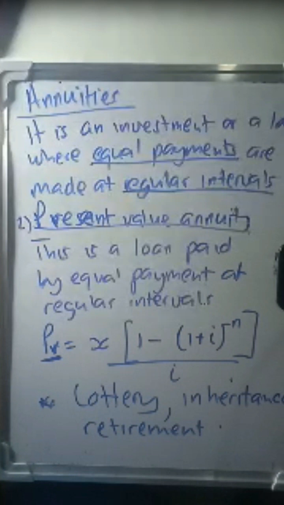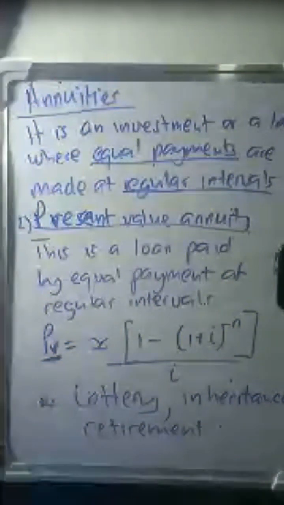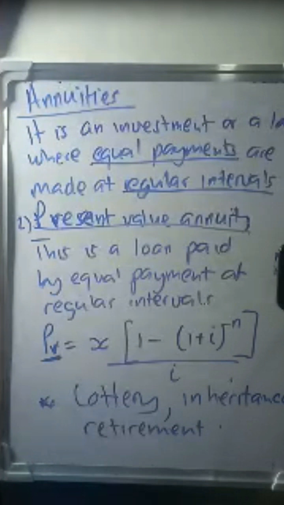You can spend 2 million and take 8 million and invest it in a bank and instruct the bank that each and every month you have to give me 30,000 until the 8 million plus the interest gets finished. So this one becomes a present value annuity, in the sense that the bank is the one that has borrowed money from you. So they are paying the loan to you.